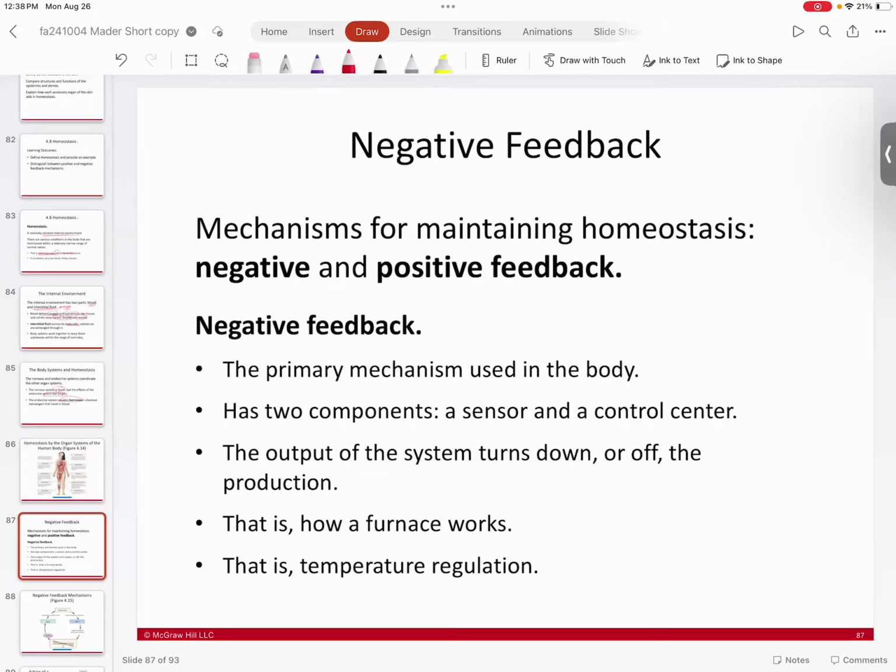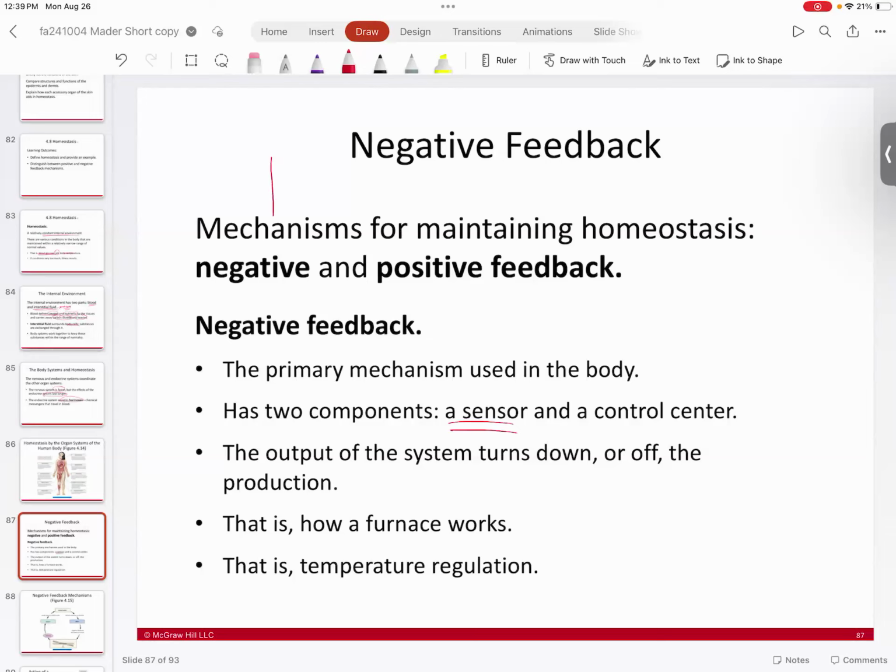And then we have ways to regulate that. We have what's called feedback loops, mechanisms for positive and negative feedback. A negative feedback loop is a situation where you have a system that shuts itself down. Typically, whenever you have a mechanism in the body, you will have what's called a sensor. You have to know when things are getting out of whack.